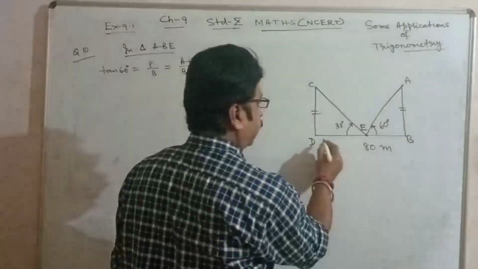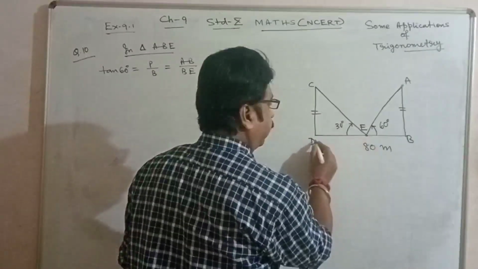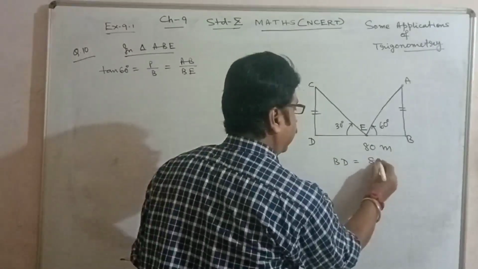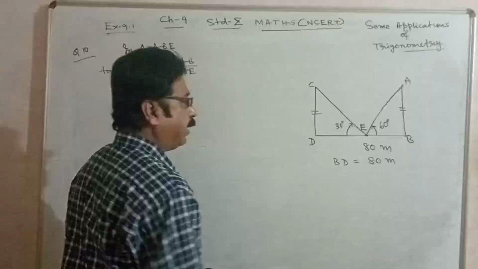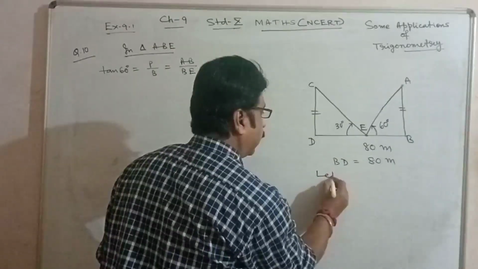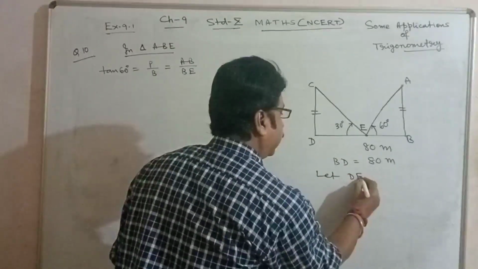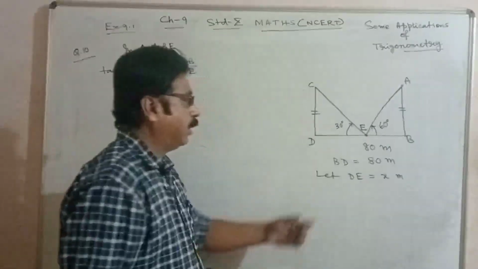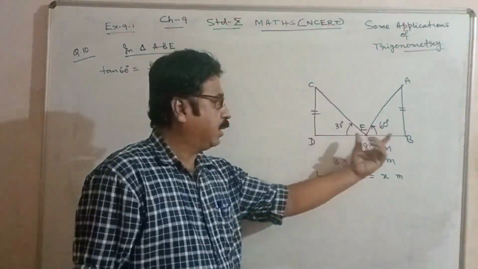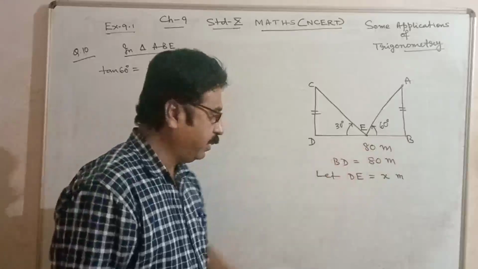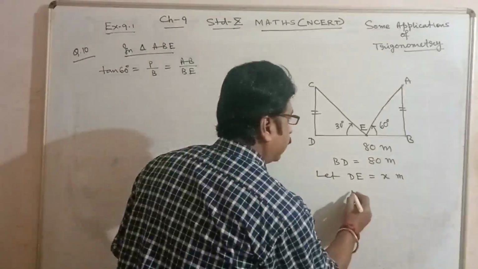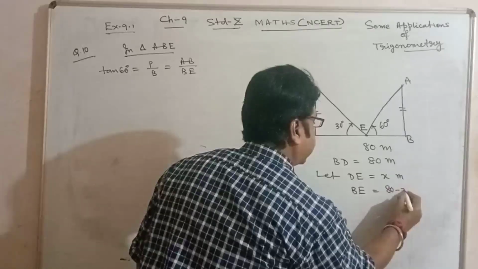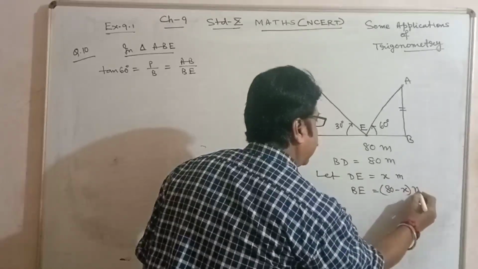Suppose BD is given 80 meter. Let DE is x meter. This much is x meter. Then this much will be 80 minus x meter. BE will be 80 minus x meter.